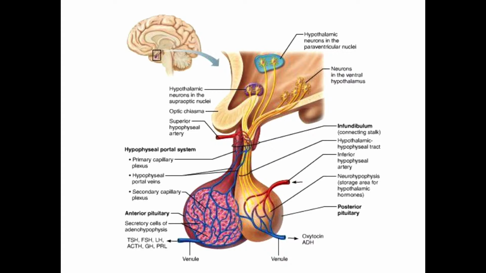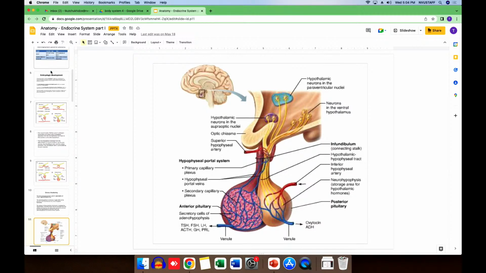The anterior and posterior pituitary glands develop differently, so let's go to the embryology slide.